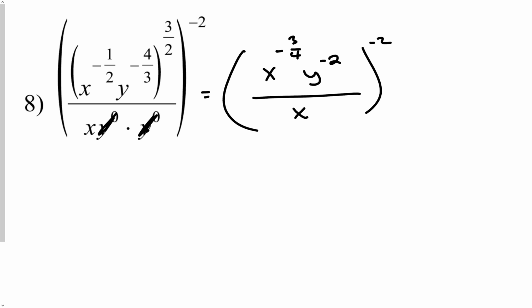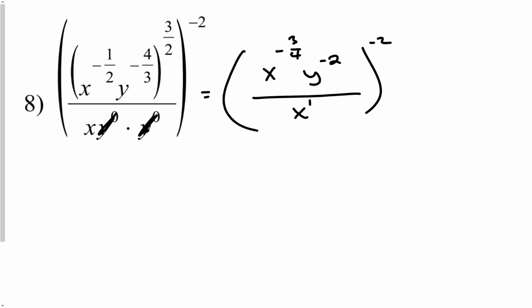Okay, now usually what I like to do is simplify the inside first before I tackle this outside exponent. So let's go ahead and do that. Okay, so negative 3 over 4, that's a positive 1.